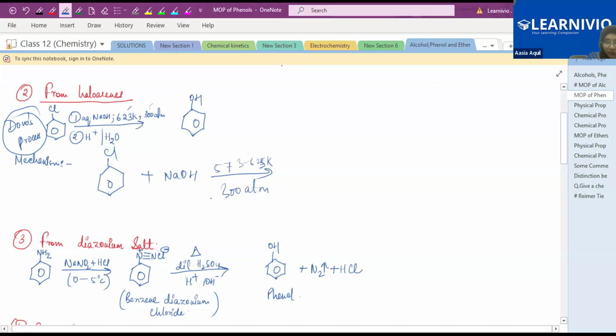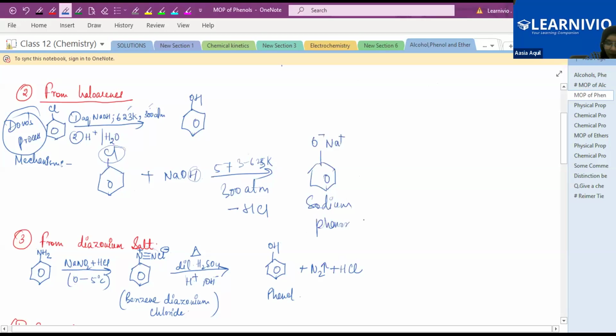What happens here? This chlorine and this hydrogen will be removed as HCl, and you will get sodium phenoxide, O minus Na plus.